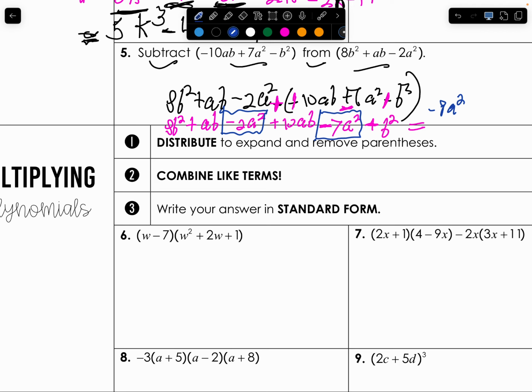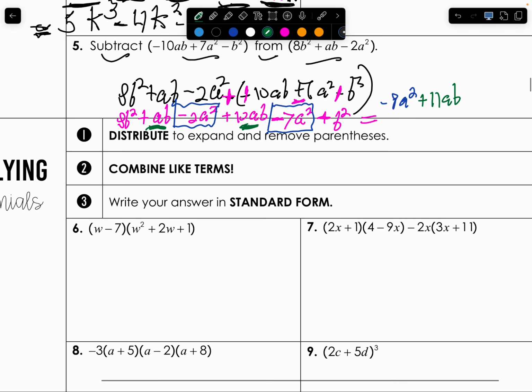Okay. How about a to the 1 power? Any other a's to the 1 power? Yeah, right there. So that's an ab. Oh, they're both ab, so that's good. There's a 10ab, positive, and a plus 1ab. That's 11ab.